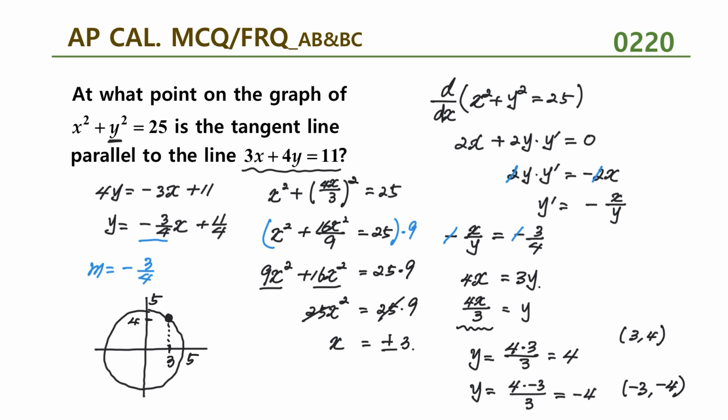So at this point, the slope of this tangent line is equal to negative 3 over 4, and this tangent line is parallel to this line. And we also have one more point, (negative 3, negative 4). So negative 3 somewhere here, negative 4 somewhere here, right? So about here. So we have a tangent line, and this tangent line also has a slope of negative 3 over 4. So this tangent line is also parallel to this line, right?